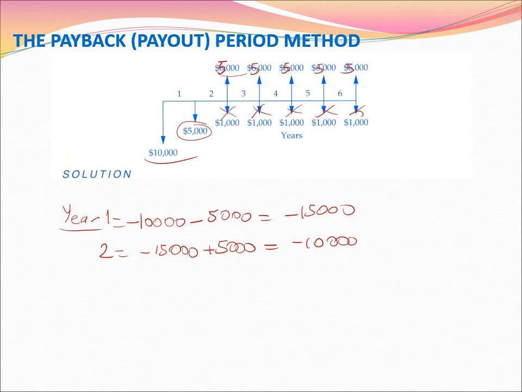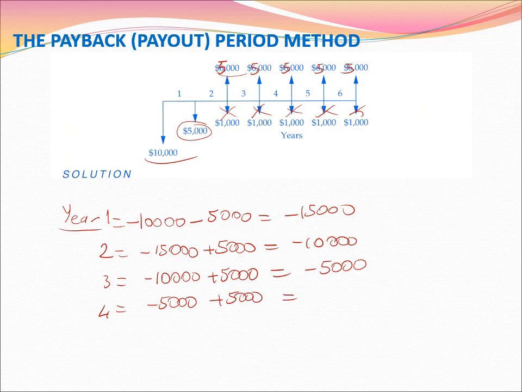Look, I'm ignoring the time value of money. I'm just adding them up. At the end of year 3, I have this as investment plus 5,000 earning. So it will be minus 5,000. At the end of year 4, minus 5,000 plus 5,000, it will be 0.